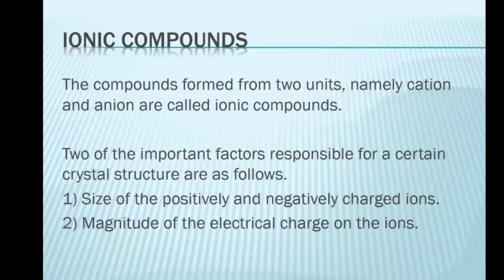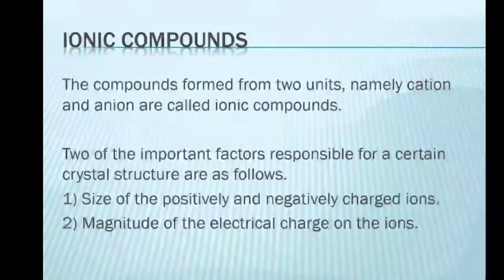Ionic compounds. The compounds formed from two units, namely cation and anion, are called ionic compounds. The cation and anion being oppositely charged, there is an electrostatic force of attraction between them. You know that this force of attraction between cation and anion is called the ionic bond.